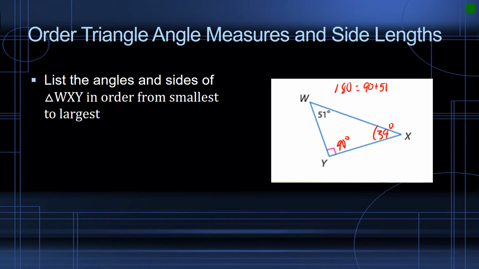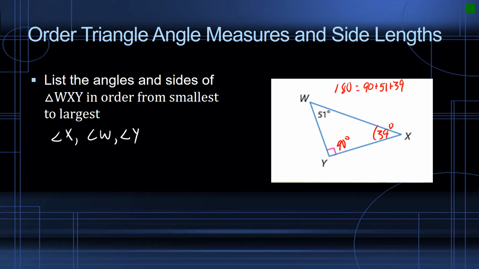So if we added all those up, that should total 180. All right, well, now, since we got the angles identified, let's list them smallest to largest. So obviously angle X, angle W, and angle Y.